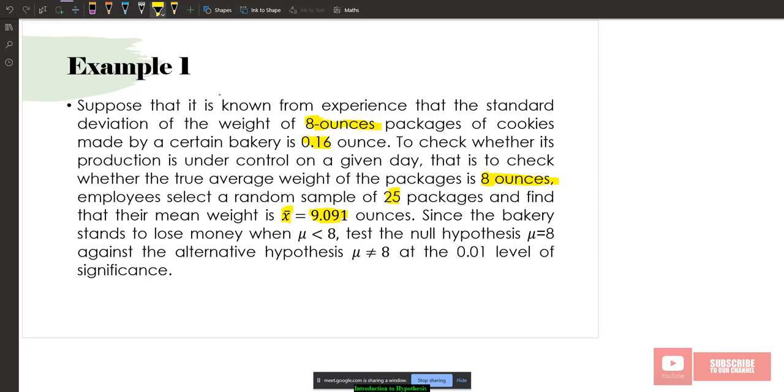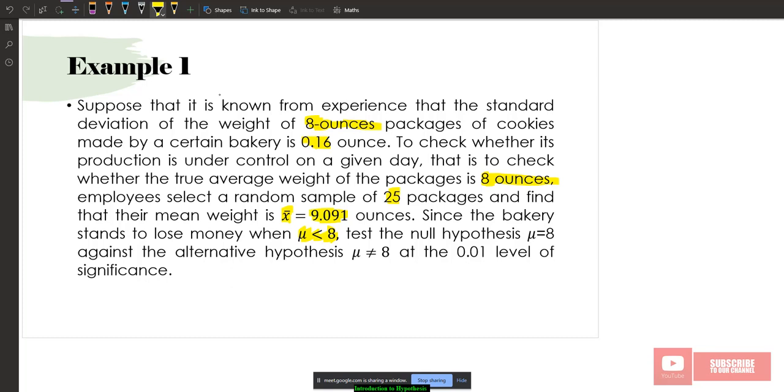Since the bakery stands to lose money when the mean is less than 8 ounce, when the average weight is less than 8, the bakery will lose money.